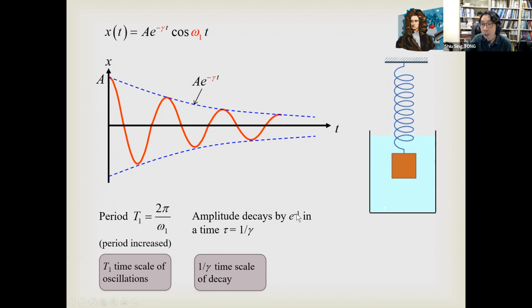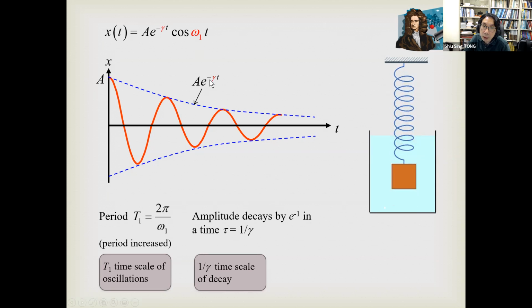That is another time scale. So that is characterized by 2 time scales. And the period T1 is of course equal to 2 pi over omega 1, right? That is a standard way to find the period of oscillation. You take the angular frequency, and 2 pi divided by the angular frequency gives you the period.